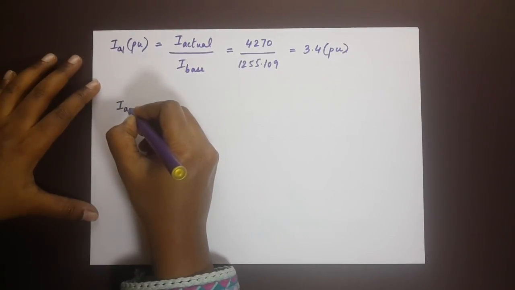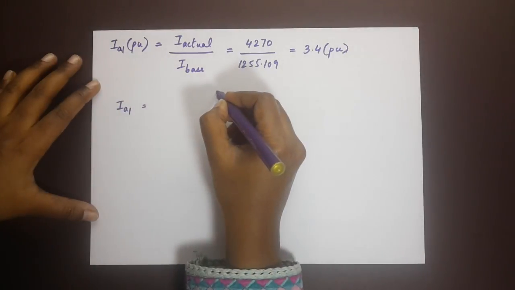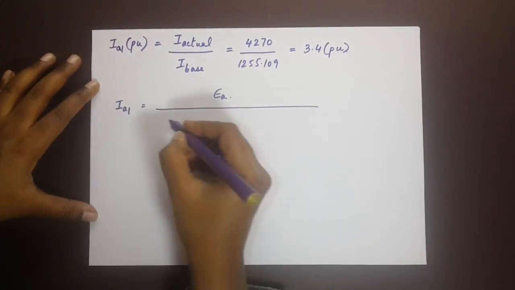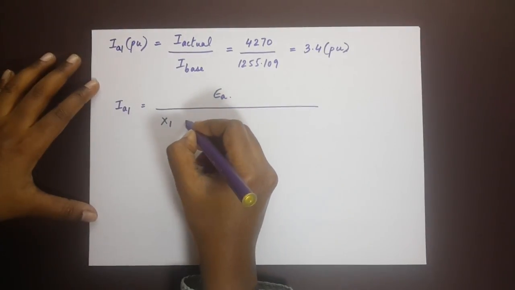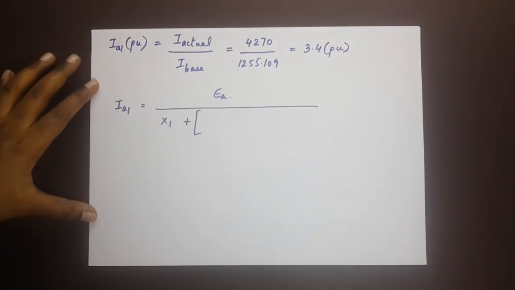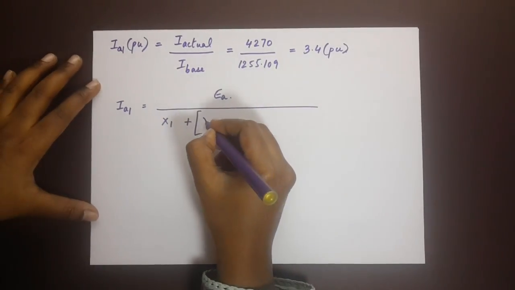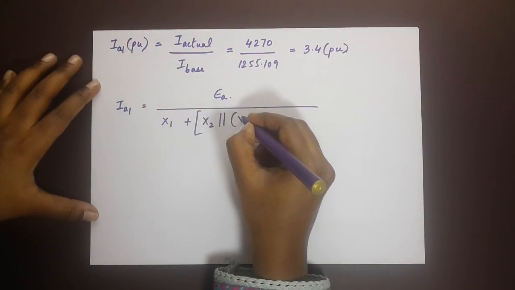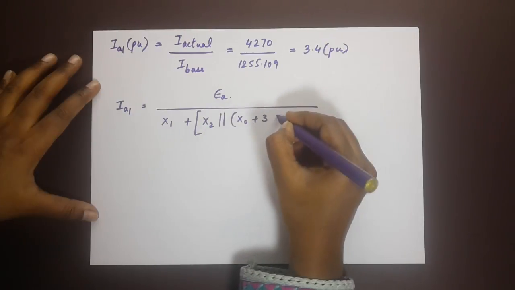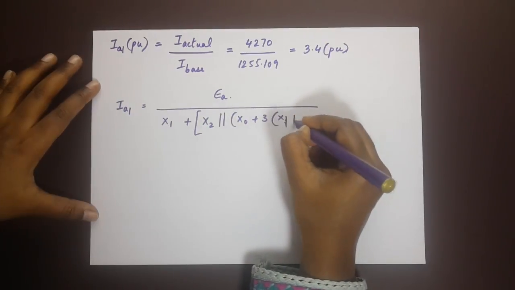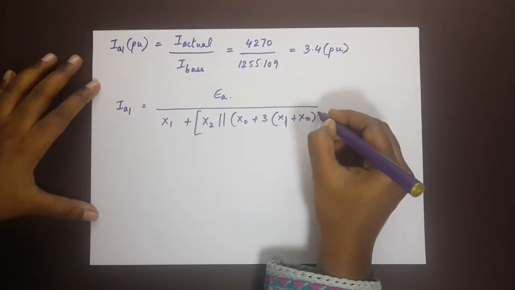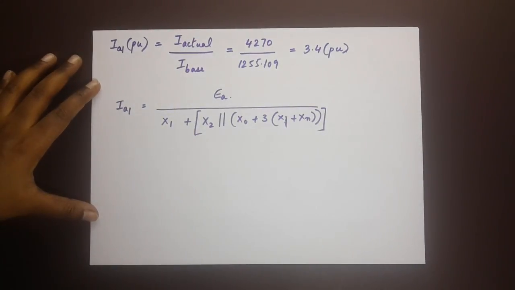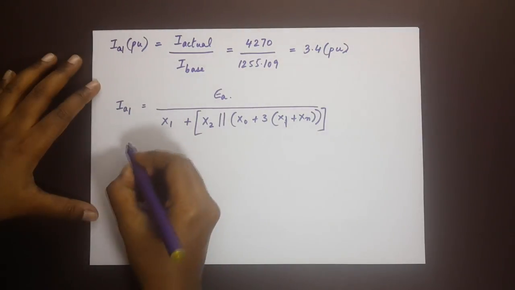So we have IA1 is equal to EA divided by X1 plus, now here we'll have to be careful, X2 parallel to X0 plus 3 times XF plus XN. Now this is the general equation that you will have to remember.